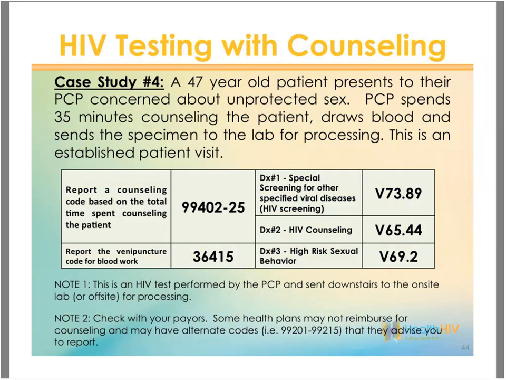HIV testing with counseling. So again, a patient comes in, they're concerned about having unprotected sex. The physician counsels the patient for 35 minutes. There's blood work drawn, and the specimen is sent to the lab for processing.